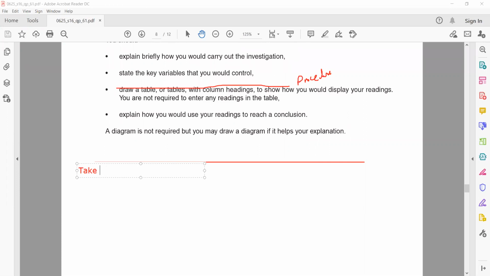So take a 250 cm³ copper can filled with hot water.